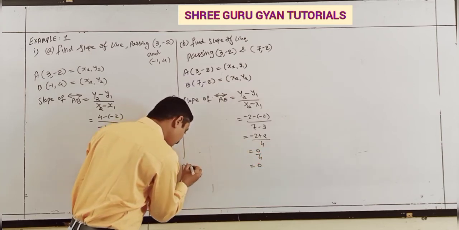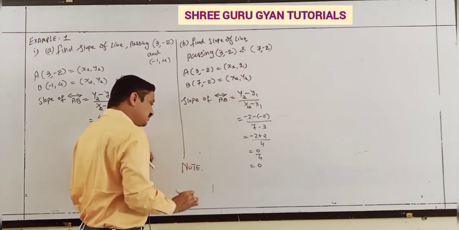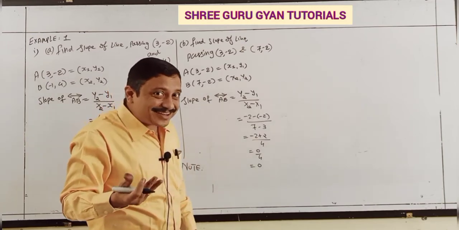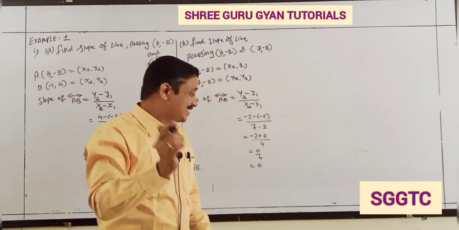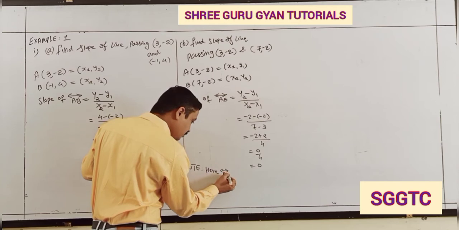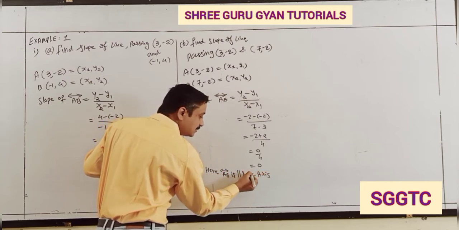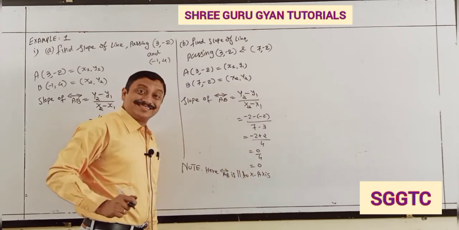Just note here what it denotes: slope is 0, the line is parallel to the x-axis. Yes, here line AB is parallel to the x-axis, so the slope is 0.